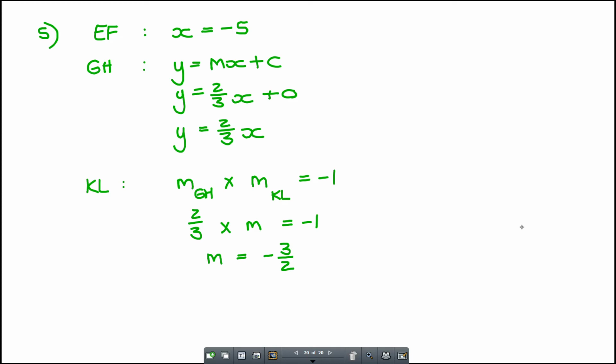Alright, so, gaan sê, y is gelyk aan minus 3 op 2x plus c. Now that c value is where it cuts through the y-axis. So it will be y is equal to minus 3 op 2x, en dan plus 4. Okay. Any questions?